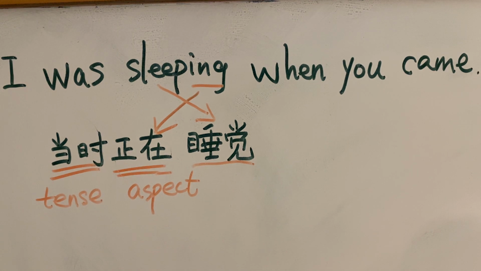So in Chinese, we also have tense and aspect. We have tools to express our recognition of time and space. We just use different methods, and those methods are different characters.